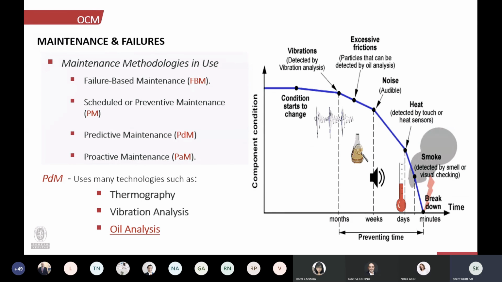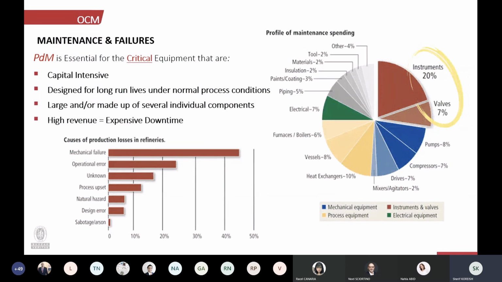This slide shows, for example, on this pie chart, the maintenance spending, which is part of why people have predictive maintenance programs in place. Most of the equipment spending, about 50%, on maintenance is related to instruments, pumps, compressors, mixers, agitators, and valves.